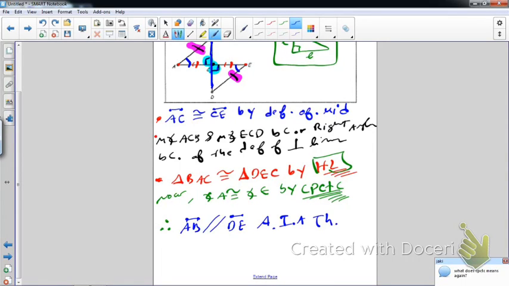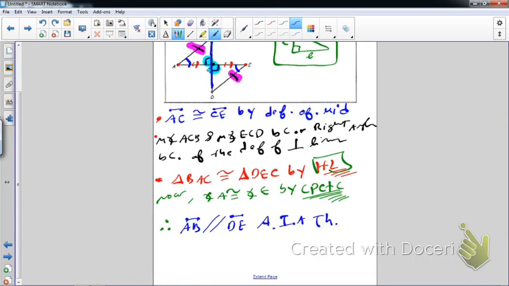CPCTC, congruent parts of a triangle are congruent, I think that's what it means. Let me look it up really quick. I just want to make sure. Here we go.